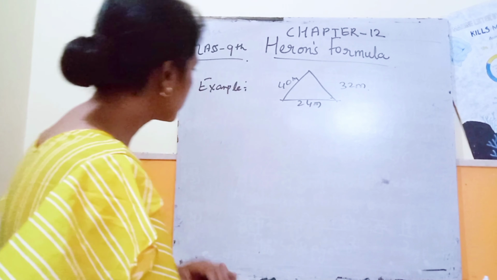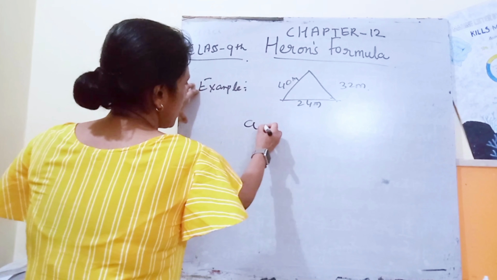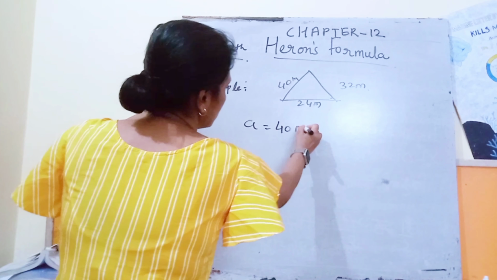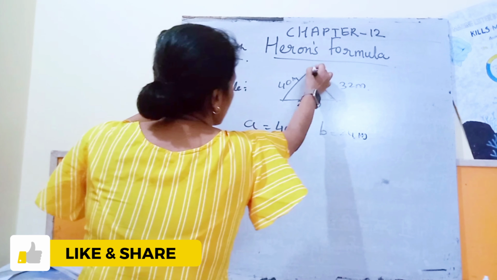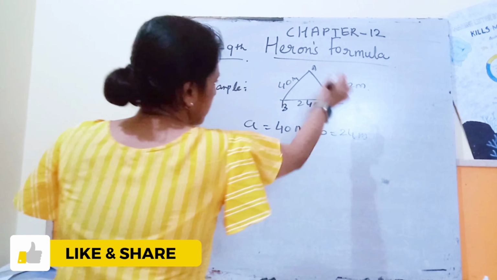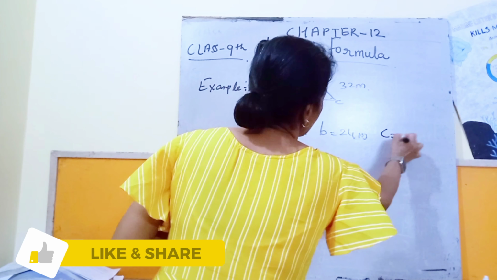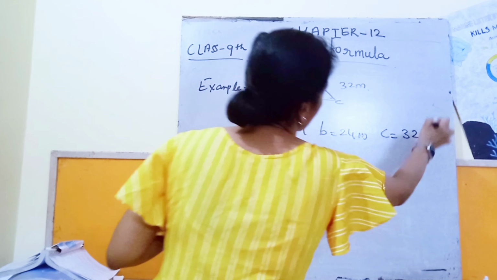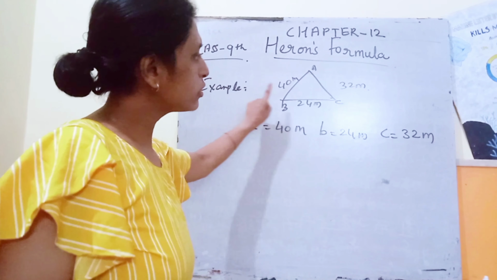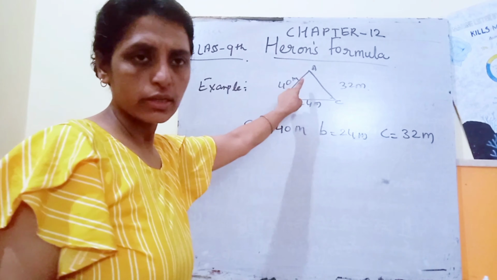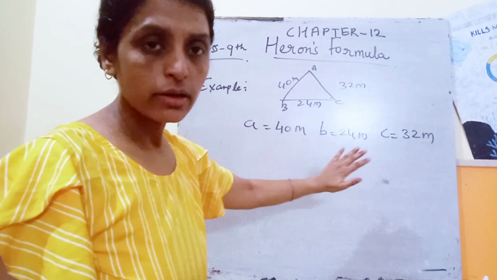In other words, you can write a as 40 meter, b as 24 meters, and c as 32 meter. In order to find the area of this, we need to apply Heron's formula.